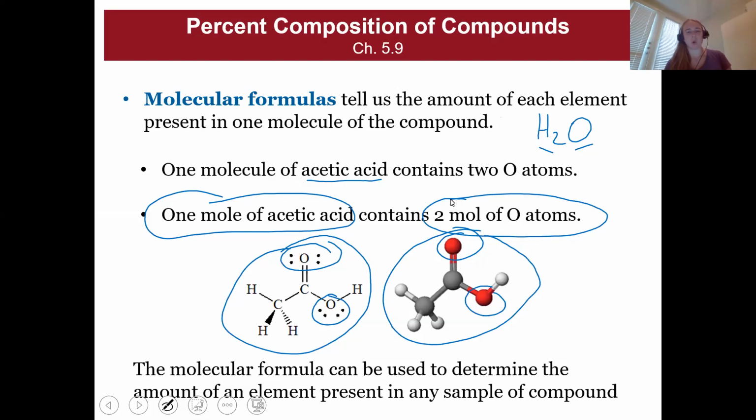So we have 1 mole of acetic acid, and in that mole of acetic acid, we have 2 moles of oxygen atoms. Therefore, the molecular formula can be used to determine the amount of an element present in any sample of the compound. So not necessarily 1 mole, but however many moles you have, you can use the molecular formula to determine the number of moles of the element that is present in that sample.